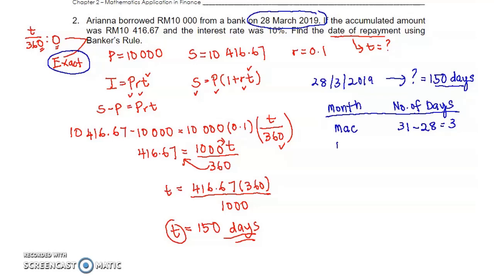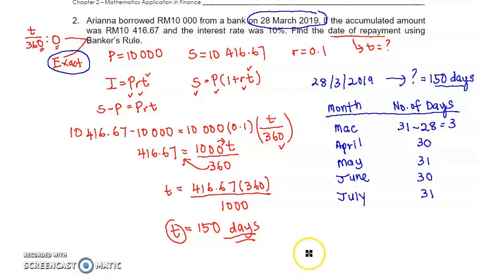After March, we have April, May, June. Let's say we stop at June. April has 30 days, May has 31 days, June has 30 days. So this is already 30, 60, 91, 94 days. But we want 150 days. Let's say we add another one, July, 31 days.